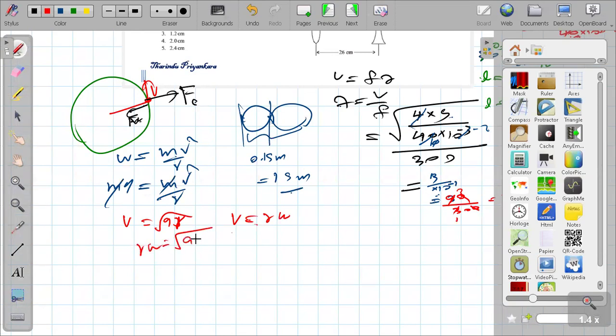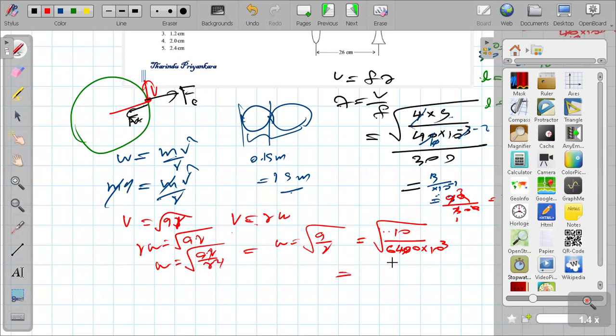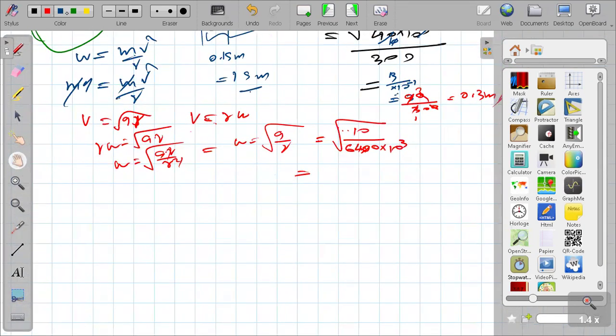And we know another thing, v equals r omega. So r omega equals root of gr. Omega equals root of g over r. g is going to be 10, over radius 6.4 into 10 to the power 6.